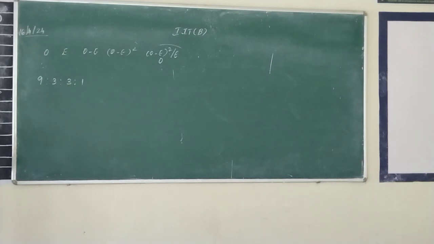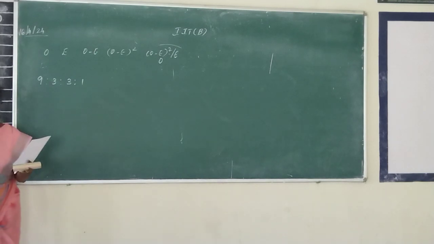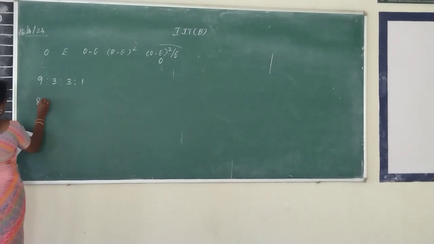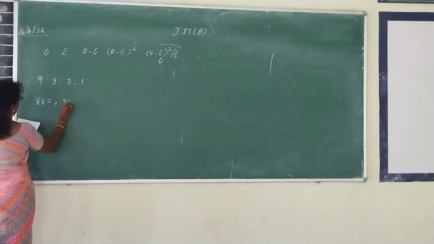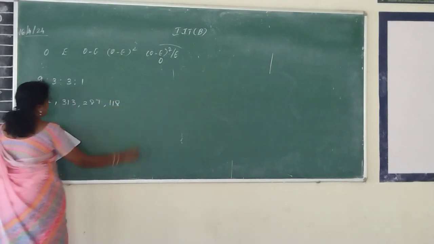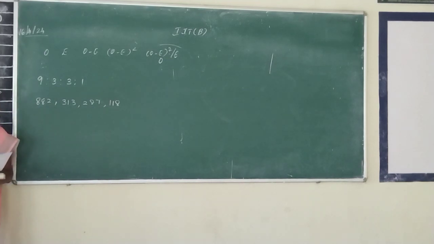1600 means the numbers in the four groups were 882, 313, 287 and 118.